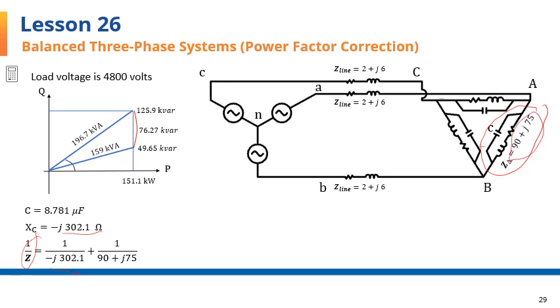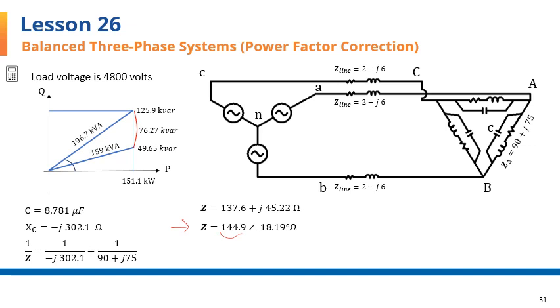And once you do the math and find Z, you should get this number here. 137.6 plus j 45.22 ohms is the combined impedance of these two. And here you have it in polar format, 144.9 with 18.19 degrees.